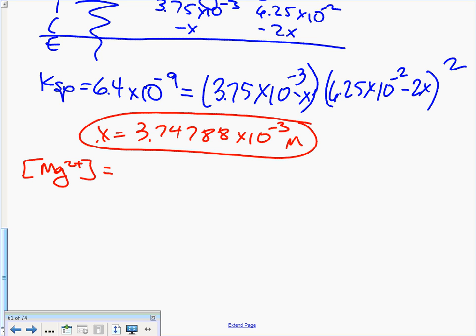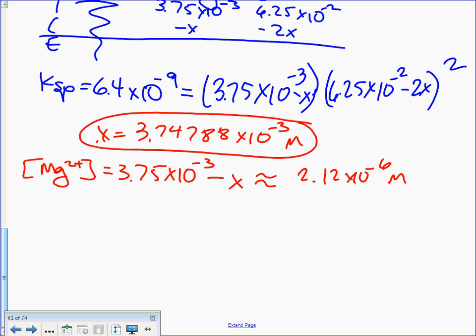Right, you take the 3.75 times 10 to the negative third, which is the given for initial, subtract x, and that equals approximately what? 0. It actually equals a number. Okay, so if you put minus x, I'll know that you're plugging that in. You guys with me? Here you're just plugging into your calculator: 2.12 times 10 to the negative 6 molar.